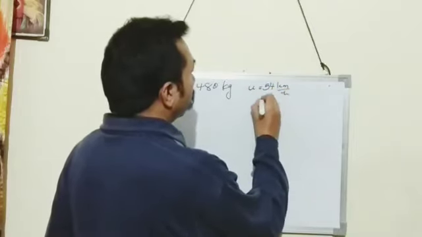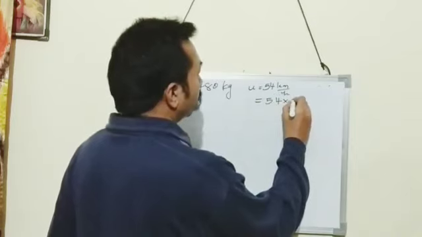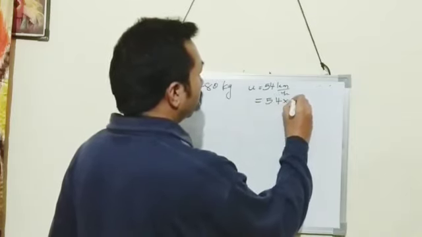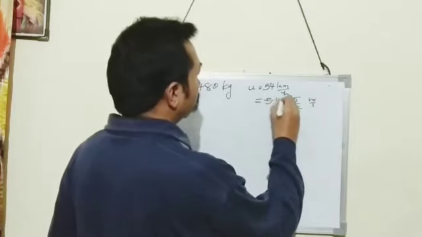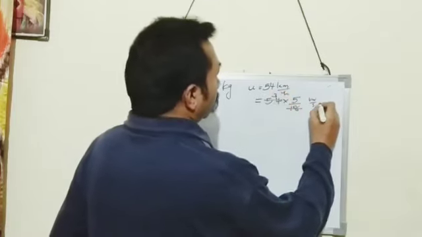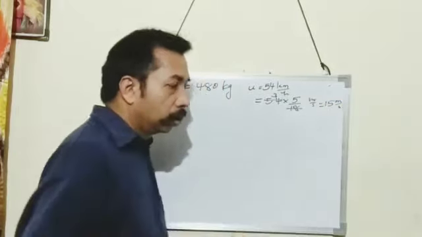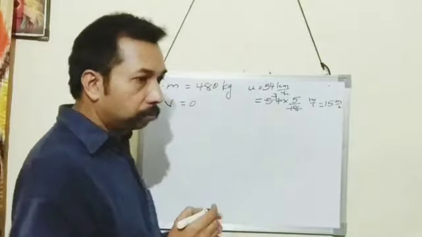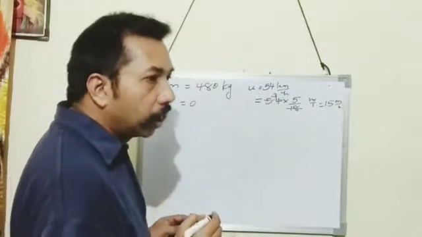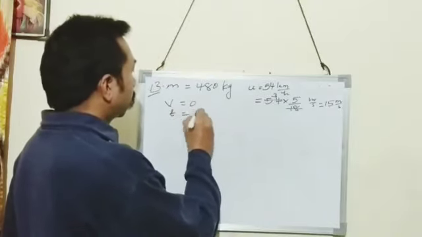So 54 kilometer per hour we convert into meter per second by multiplying by 5 by 18, which gives 15 meter per second. So that is stopped, so v is equal to 0 in 10 seconds. Time taken is 10 seconds.